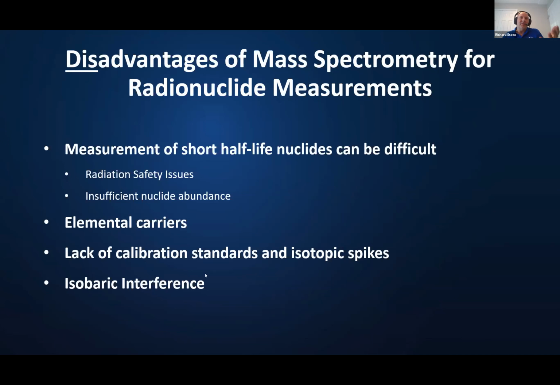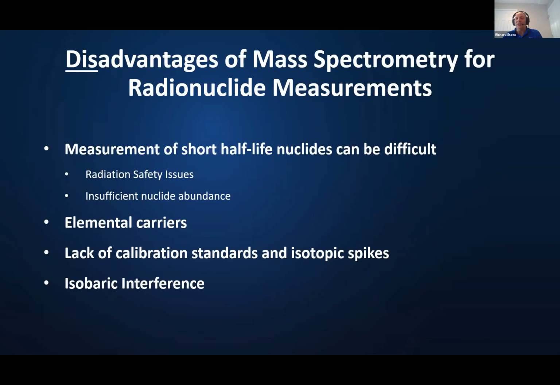Another thing I mentioned here is that there are a lot of elements we're clearly interested in for radioisotope measurements, but there aren't calibration standards for them. By that I mean isotopic standards or spikes that are certified for amount and isotopic composition.